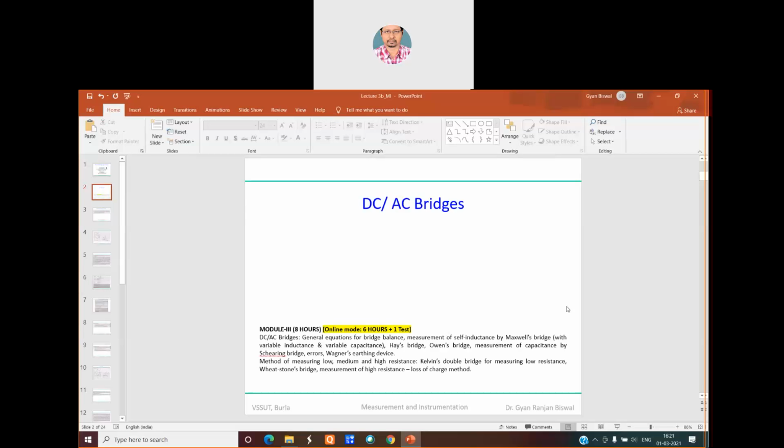DC or AC bridges are also used to find out unknown parameters or elements like resistance, capacitance, inductance, change in resistance, change in inductance, change in capacitance. Okay? So relative values you are calculating, remember it.